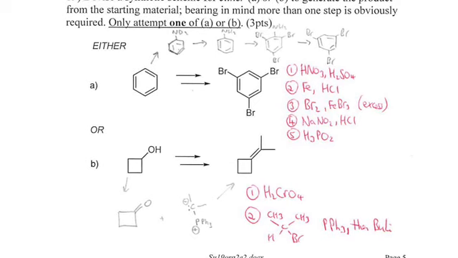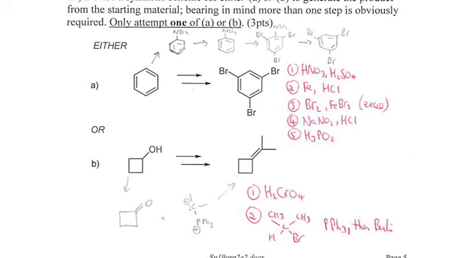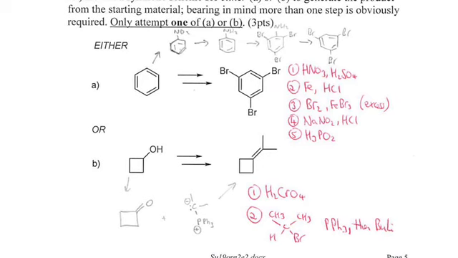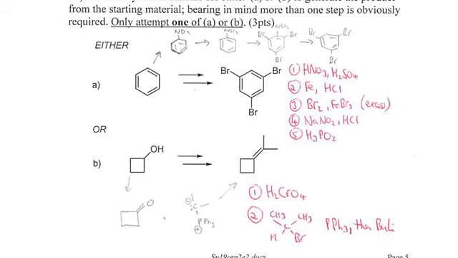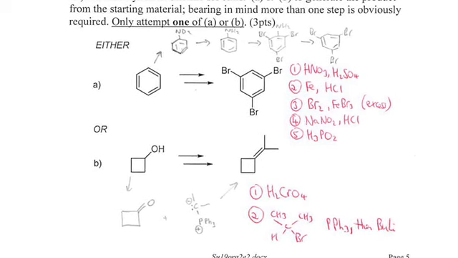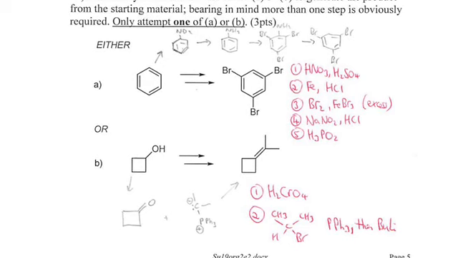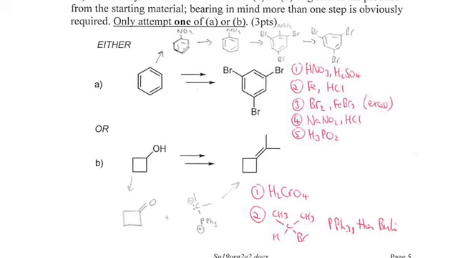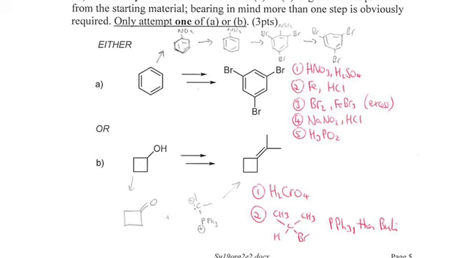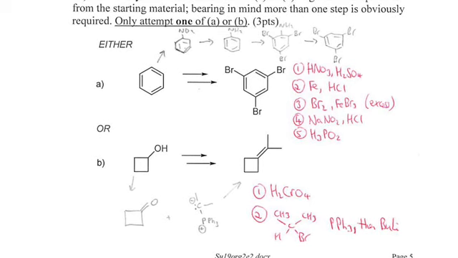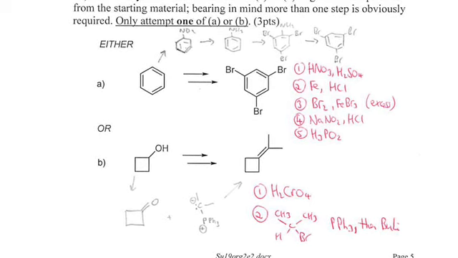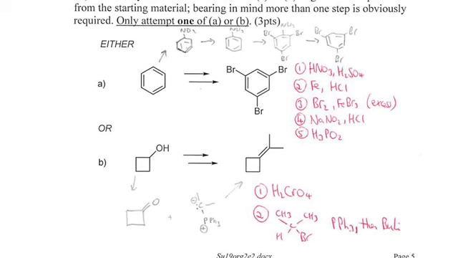Question 19, a question that really makes you think. Again, this comes down to functional group interconversions. So if we look at 19 part A, benzene to that tribromobenzene. Initially, you might think this could be straightforward because you know how to put a bromine onto an aromatic ring.